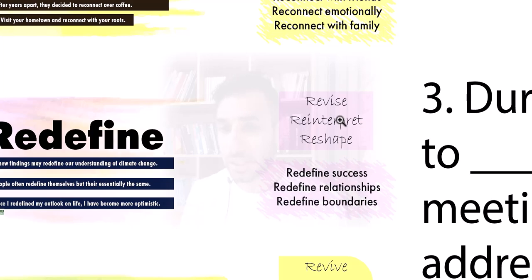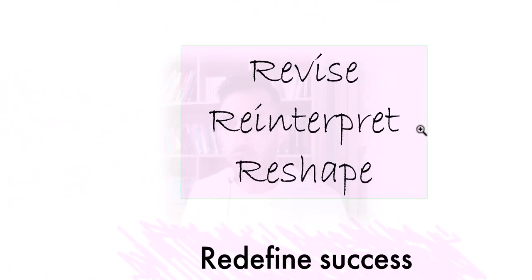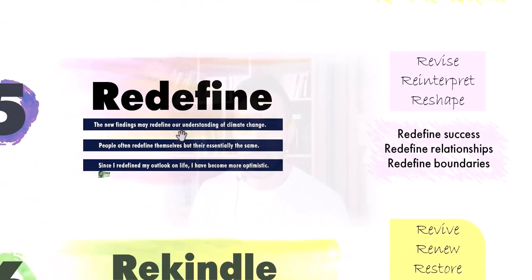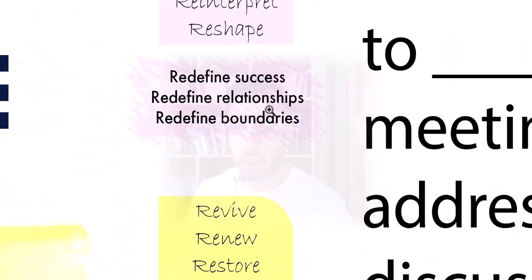Redefine is a synonym to revise, to reinterpret. You interpret something in a way and you want to interpret it better, with a better meaning, with a better understanding, with an improvement. So we reinterpret that understanding, that meaning, to reshape, reformulate, and to redefine success.